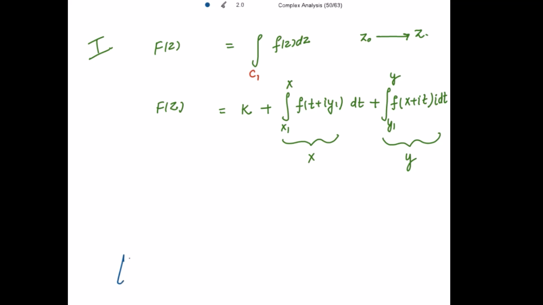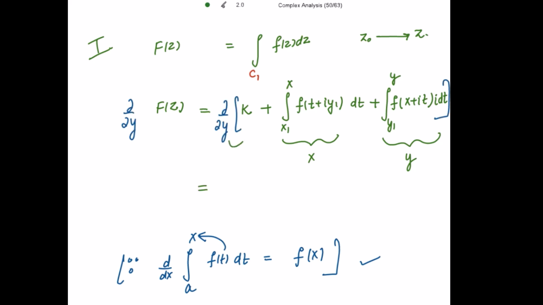I need to use one result: d by dx of the integral of f of t dt, where the limits are from a to x, is equal to, just replace this t with the upper limit, so that is f of x. To use this result, I am going to differentiate both sides with respect to y here.